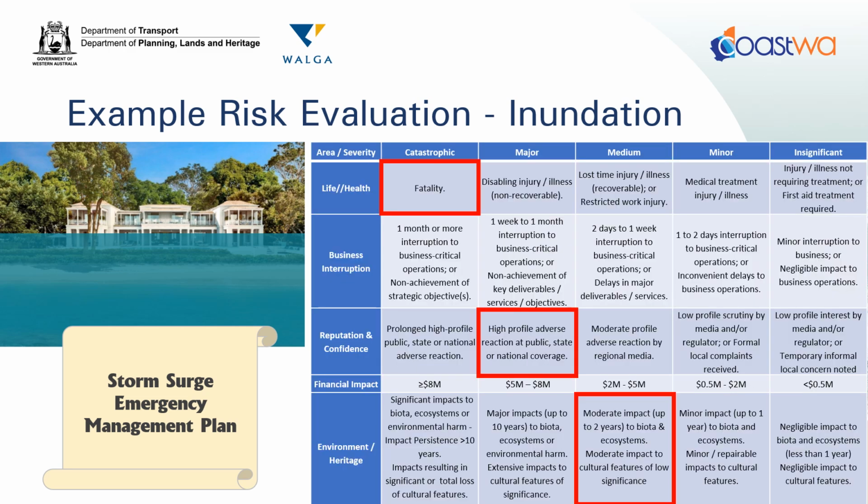So if we look at our consequence rating and how we had assessed it previously, we had this level of consequence which was based on a fatality being a potential outcome. But if you've got an emergency management plan that says that everyone's evacuated prior to these events occurring, well, then that risk of fatality is now reduced, and the next level that we're looking at might be a reputation and confidence level, which may reduce this down to minor instead of catastrophic.